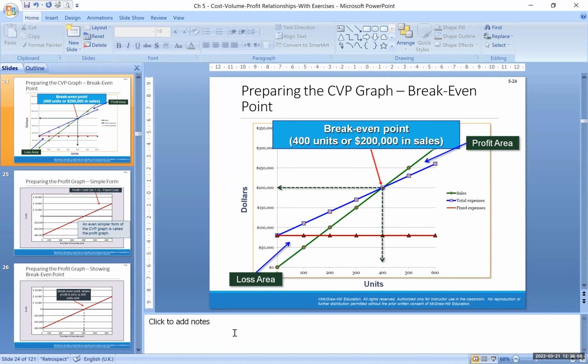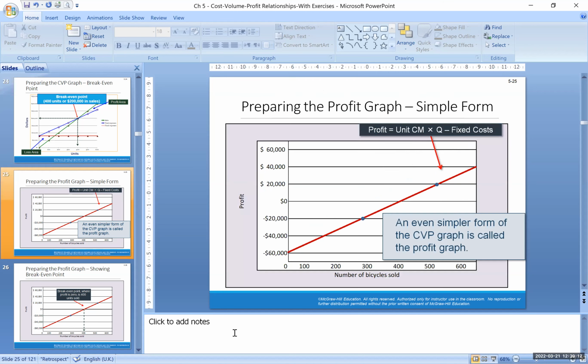So from 0 units up to 400 units, we are still recognizing a loss. After the break-even point, the company starts recognizing a profit, because the sales revenue line is above the total cost line. So this area is called the profit area.